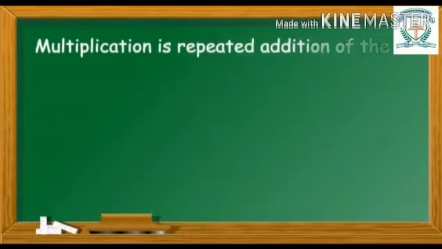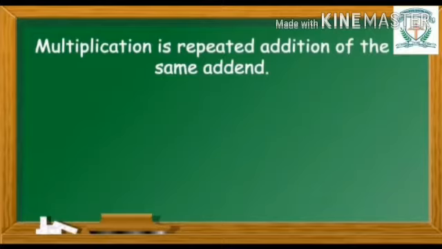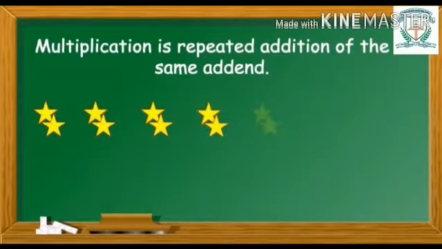Now you have understood that multiplication is repeated addition of the same addend. Let us solve few examples to understand the concept better. First example, you can see 5 groups of stars, and in each group there are 2 stars.